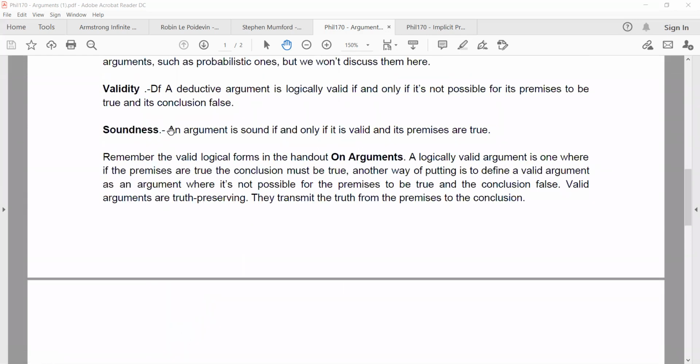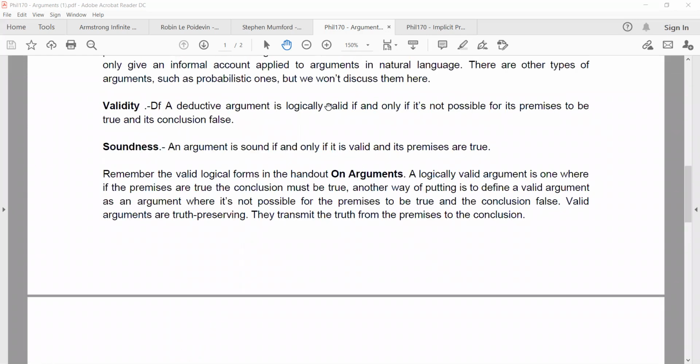Then that's going to tell you if it's valid, right? Then if it's valid, you know that if the premises are true, the conclusion must be true. And then the next question is, are the premises true? Well, if the premises are indeed true, then the definition of soundness tells us that an argument is sound if and only if it is valid, first condition, and its premises are true.